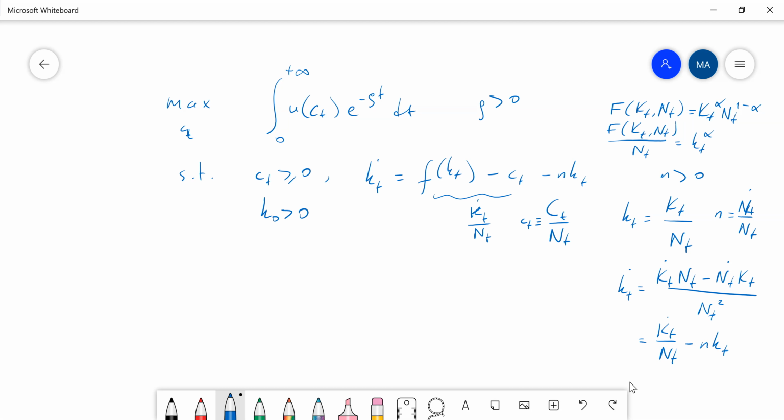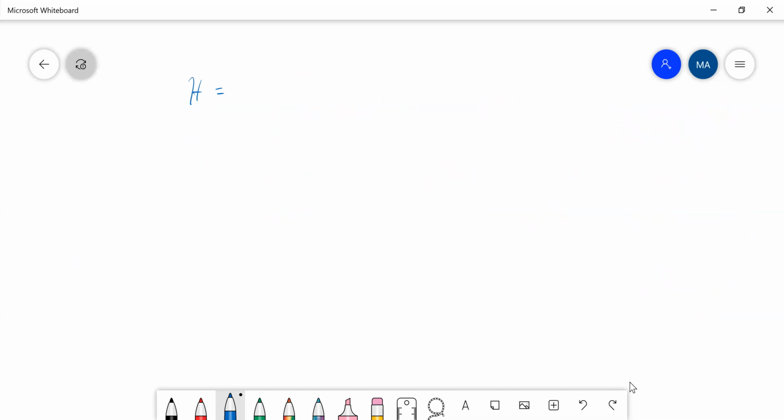Then we also have K0 greater than 0. So the current value Hamiltonian would be U(c(t)) plus q(t) times f(k(t)) minus c(t) minus n k(t). Then we have the first-order conditions.